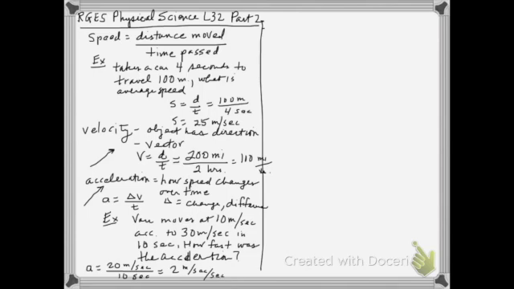And that's what acceleration is. It's how much is something increasing its velocity, meters per second, over how many seconds? Per second. So in 10 seconds, it's going up 20 meters per second. And we can see that that's pretty easy.